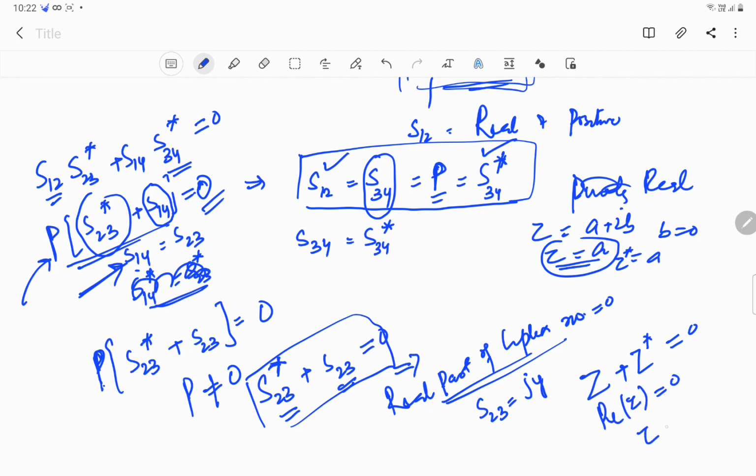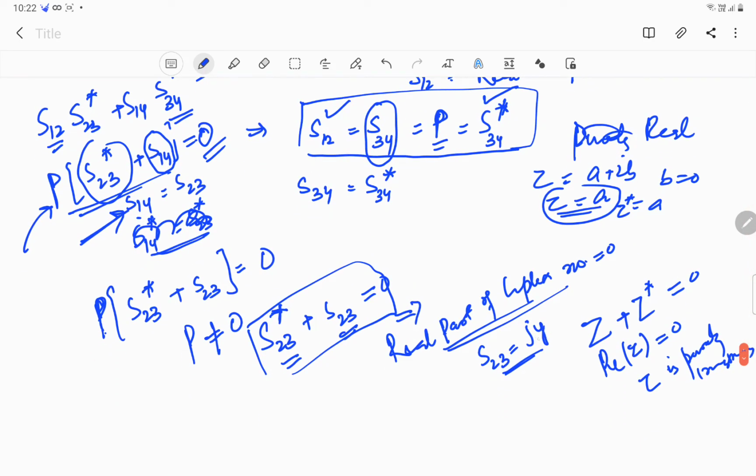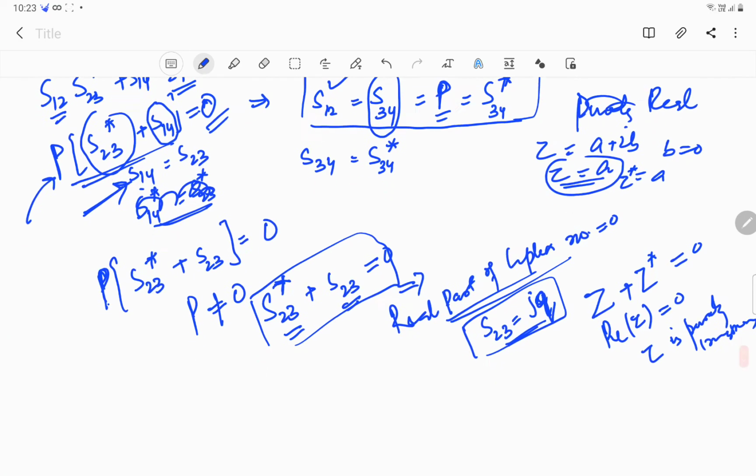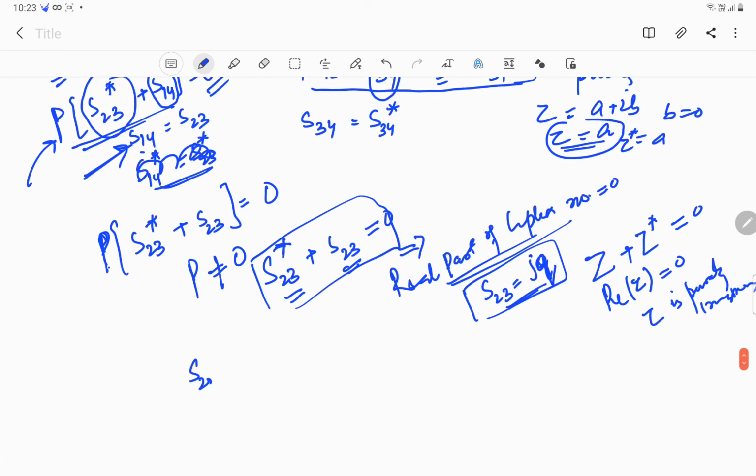So that means z, the complex number, is purely imaginary. So s23 is some complex number which is purely imaginary, so s23 is jy, or s23 is jq. Let's write q instead of y. So what we have obtained is that s23 is same as s14 is jq, and s12 is same as s34 is p.